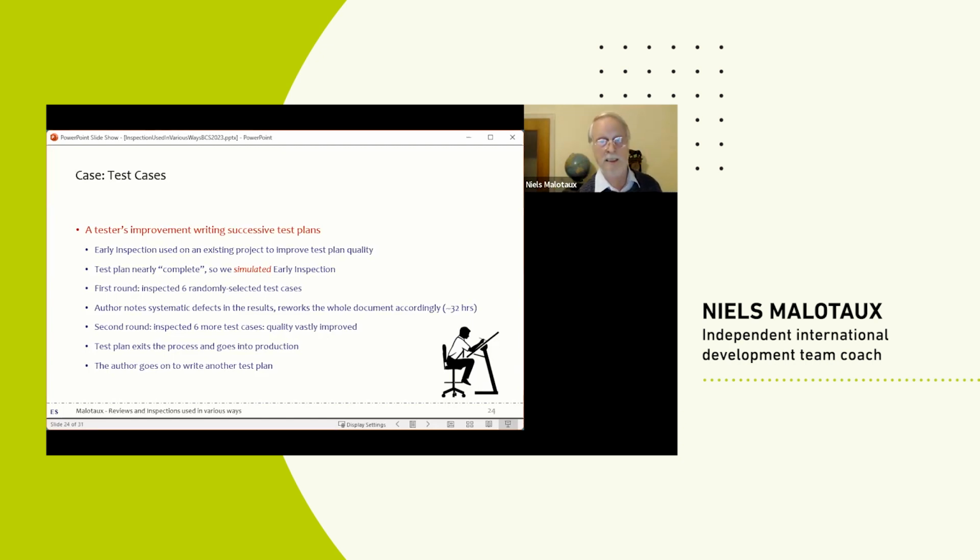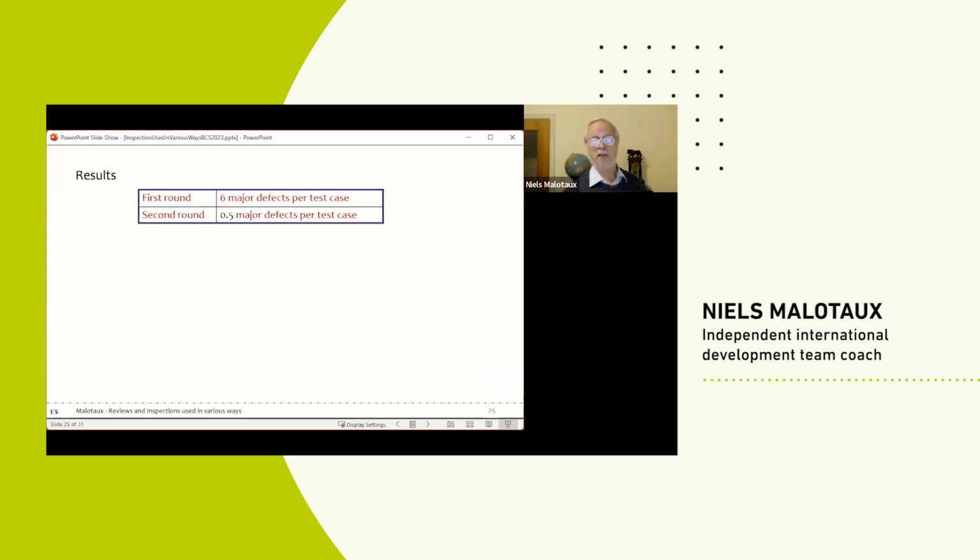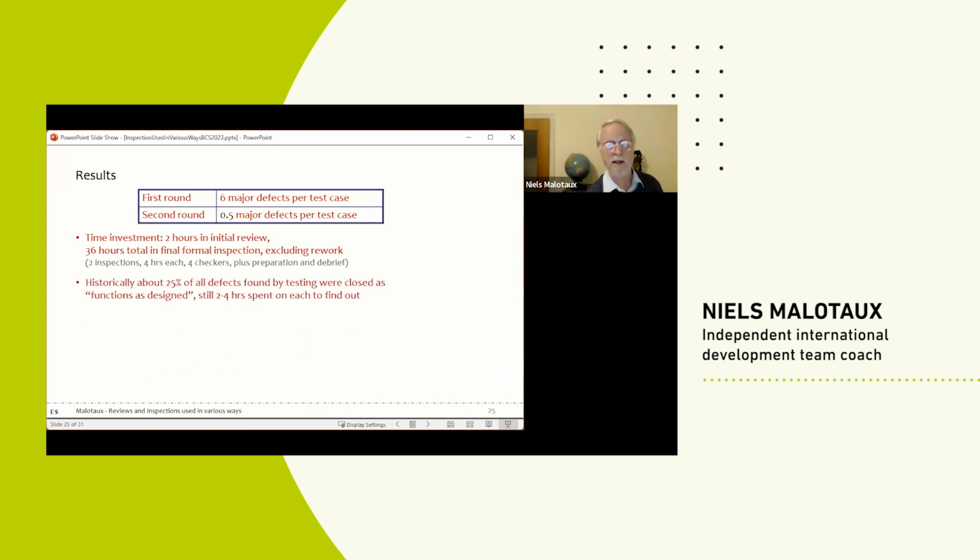What was the result of this exercise? First round, 6 major defects per test case. After throwing back our review results to this person, he reworked the whole thing, and in the second round of inspection, we found 0.5 major defects per test case. Okay. Time investment, 2 hours initial review, 36 hours total in final formal inspection, excluding rework, and so on.